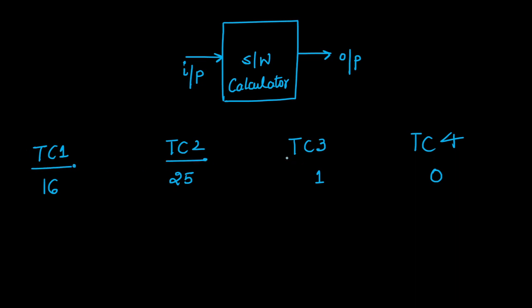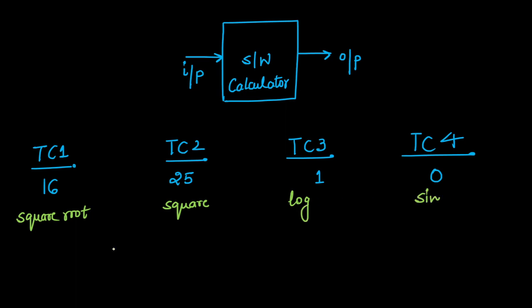Now what operations do I have to perform? I'll write all these things over here: here I'm performing square root, here I'm performing square, here I'm taking log, and here I'm taking sine.